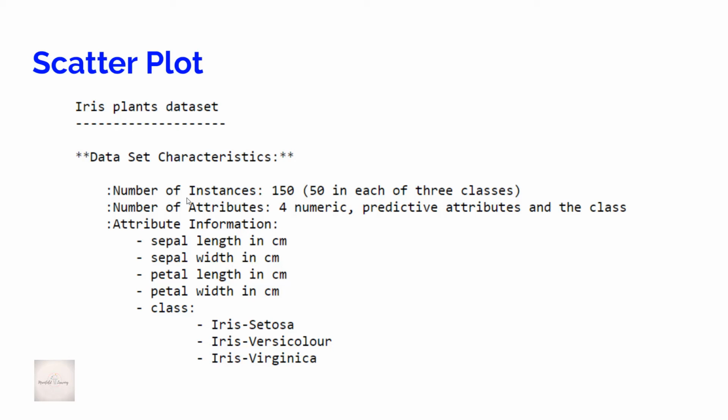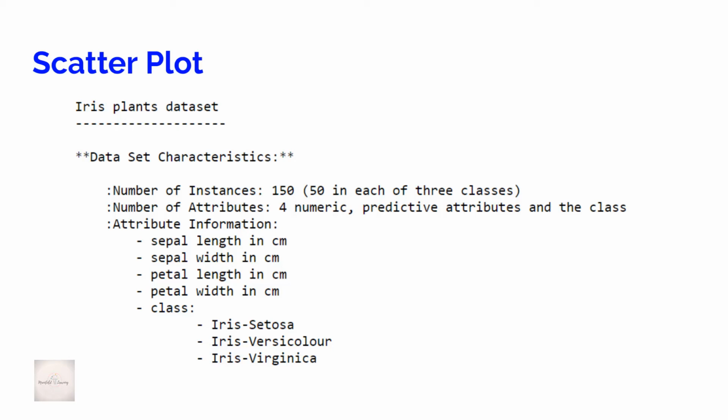The dataset consists of 50 samples from each of the three species, and four features were measured from each sample: the length and width of the sepals and the length and width of the petals in centimeters. Based on the combination of these four features, the samples were categorized into the three species.